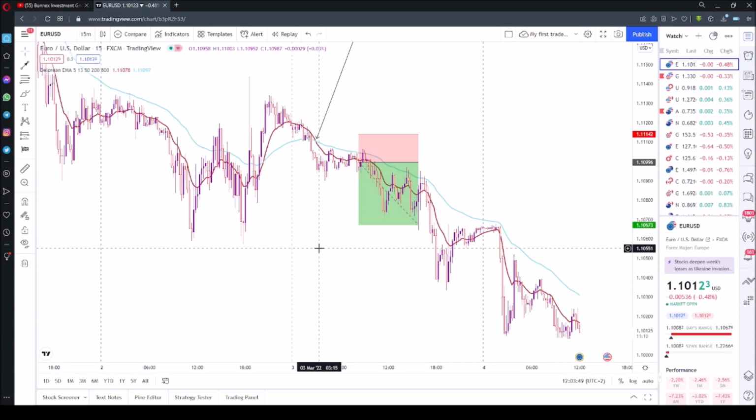The other thing that we need to highlight is that all the trades you are going to be taking with this strategy should be taken within the US and the London session. I strongly don't recommend trading within the Asian session, because usually it's a session used to accumulate contracts.